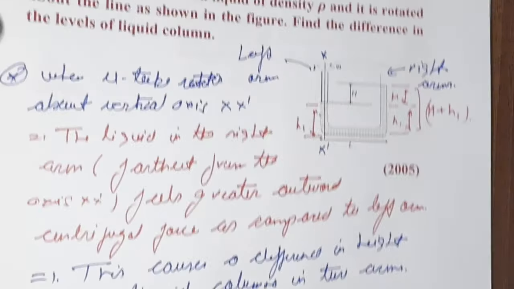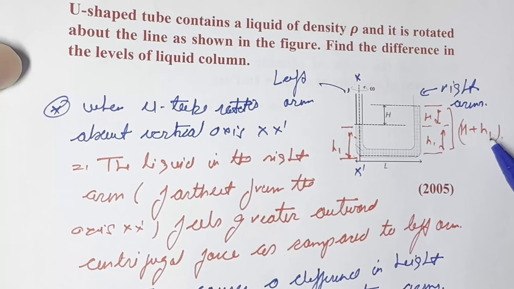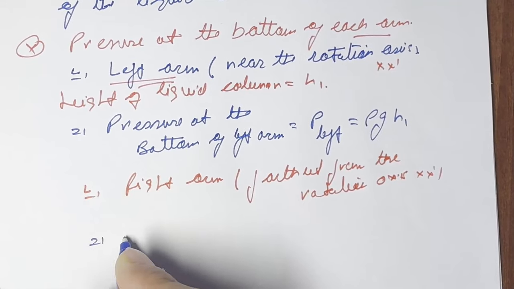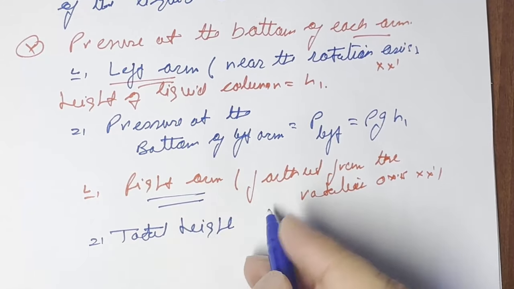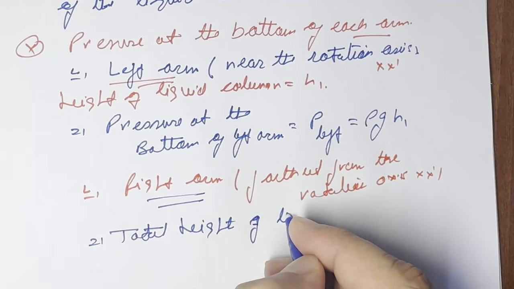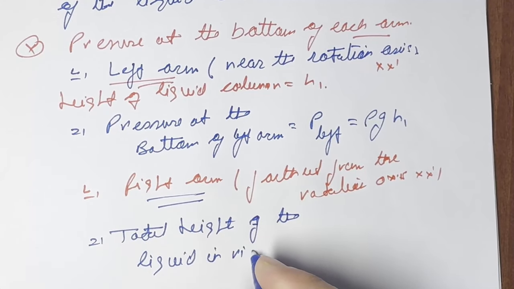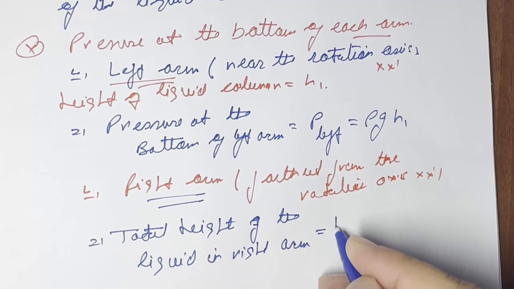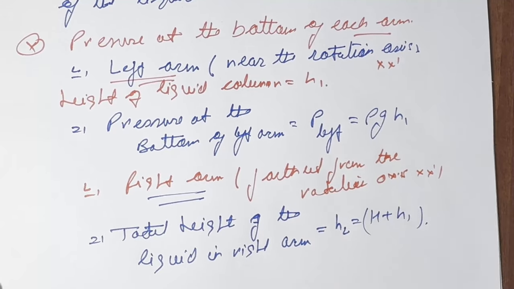The total height of the liquid in the right arm, let us suppose that is h2, will be equal to H plus h1.